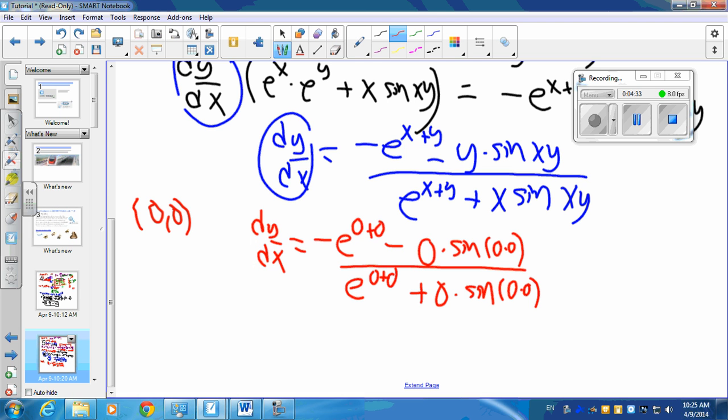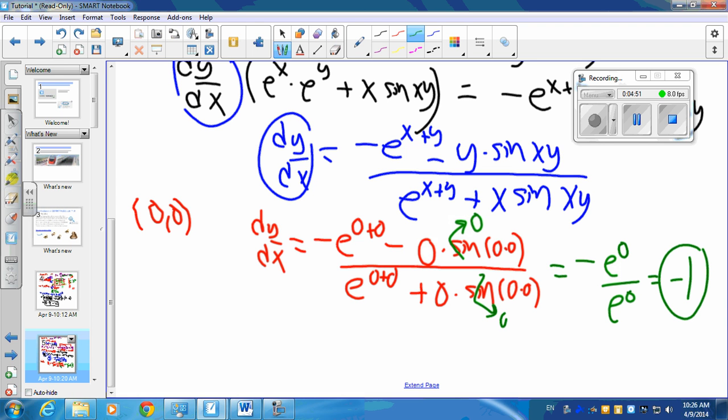Well, all of this is going to be 0. All of this is going to be 0. So you're going to end up with negative e to the 0 over e to the 0, which is negative 1. That's the slope for that one. Good so far? You feeling smart? Yeah, I think so.